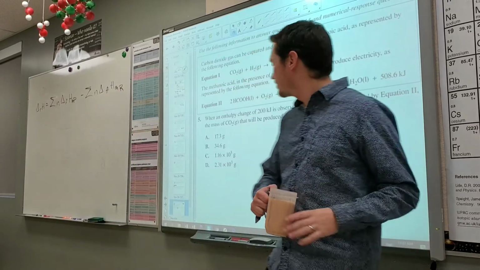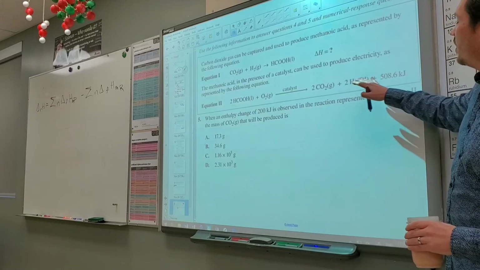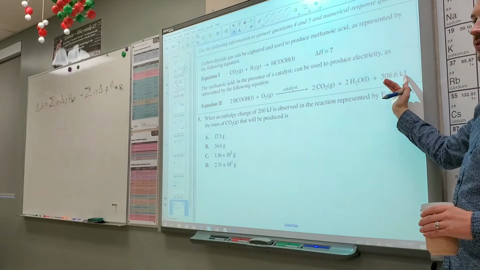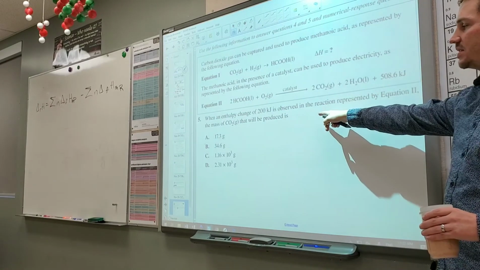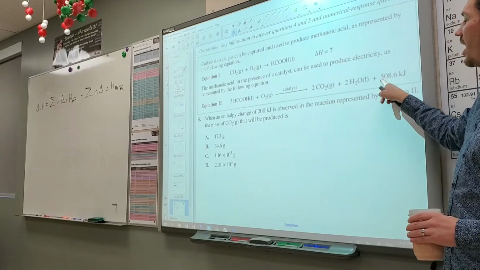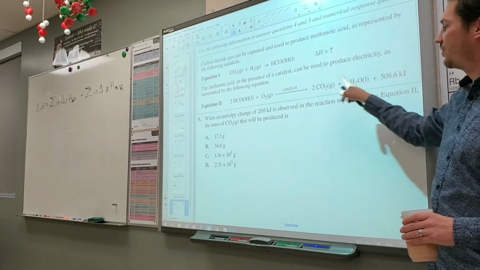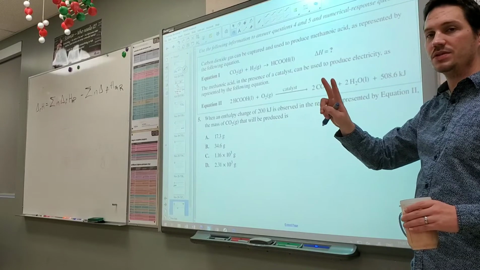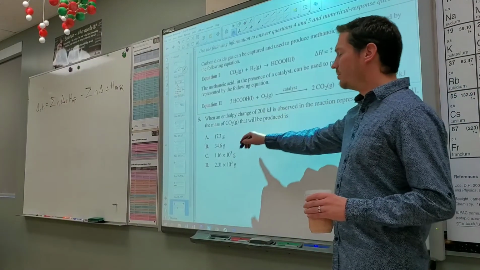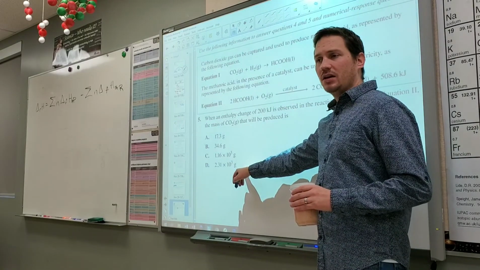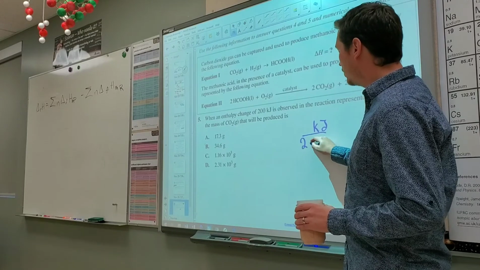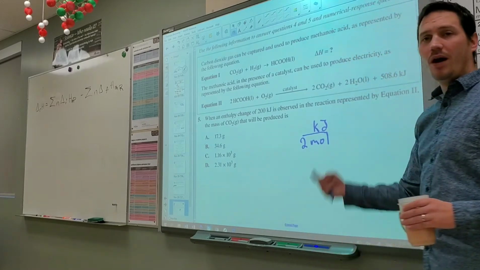So let's think about this. In this reaction, 508 kilojoules are released, and what substance is it asking us to talk about? CO2. So 508 kilojoules is released for every 2 moles of carbon dioxide, right? Well, it's asking us about a mass. So you have kilojoules per 2 moles, and you want mass.